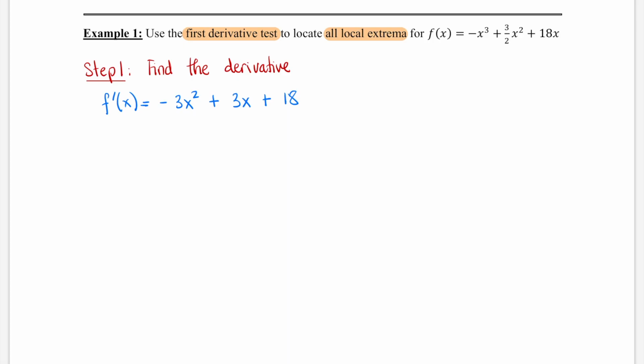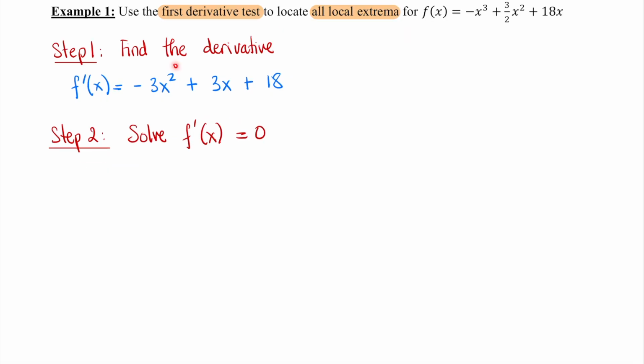So we get f prime of x equals negative 3x squared plus 3x plus 18. Step 2, we'll set the derivative equal to 0 and solve for x. So we set negative 3x squared plus 3x plus 18 equal to 0.